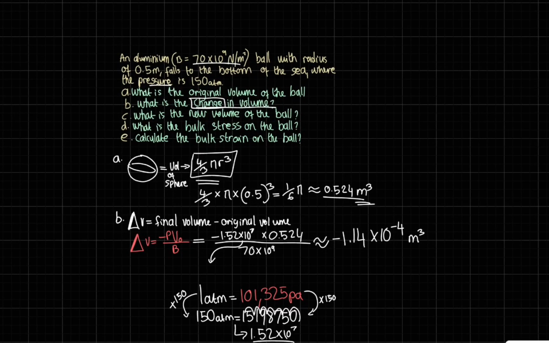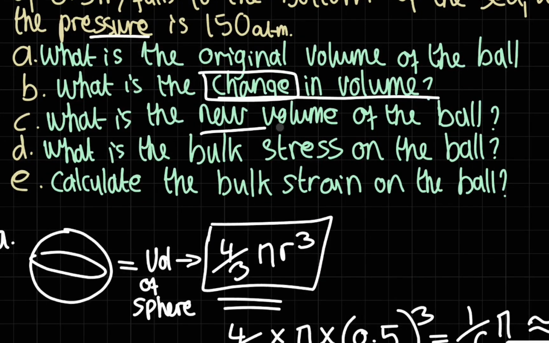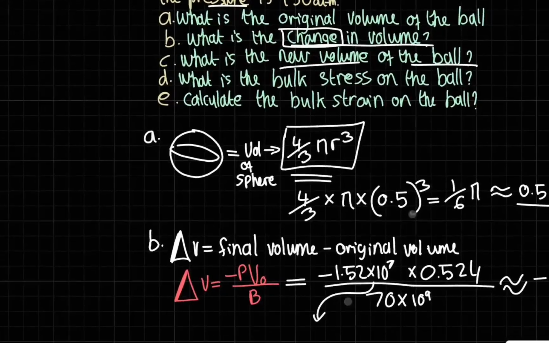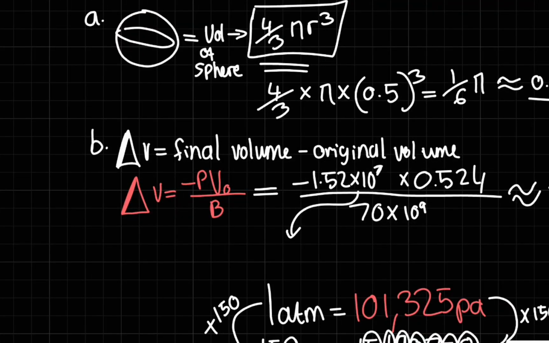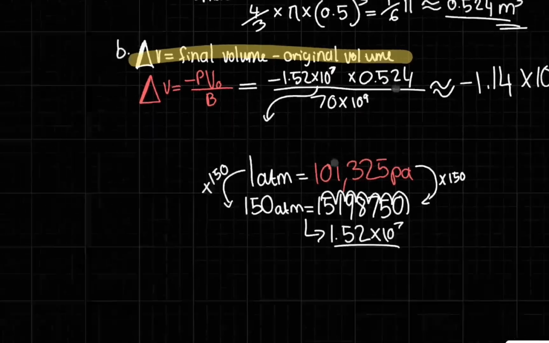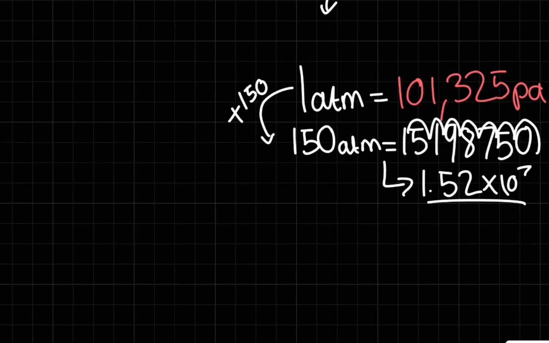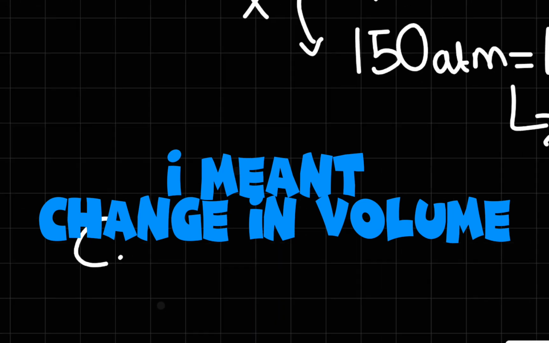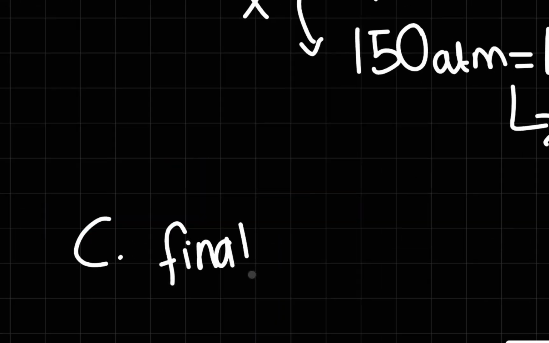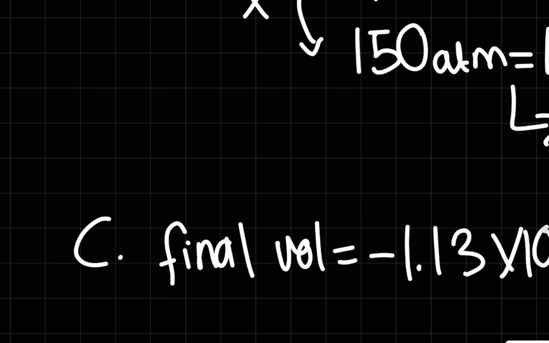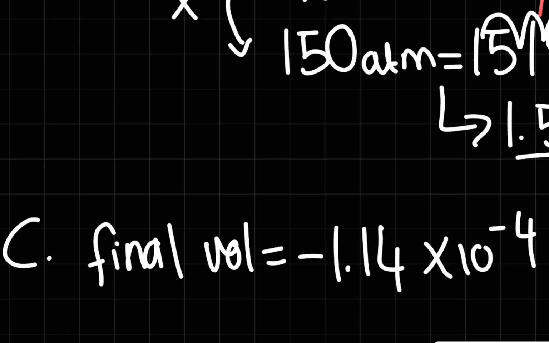For part B. Now for part C, what is the new volume of the ball? So this is now when we'll use this equation over here. So we've been given the final volume, which is minus 1.13 times 10 to the minus 4, I believe it is.